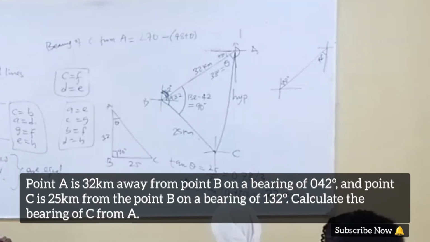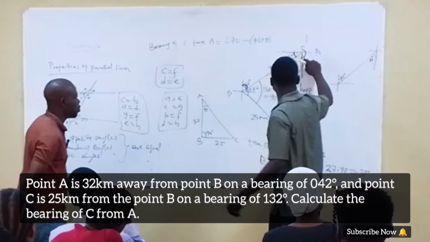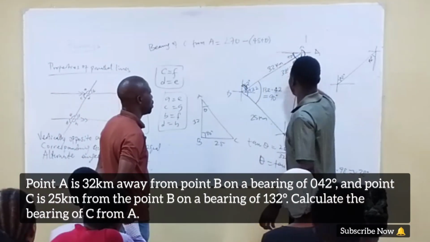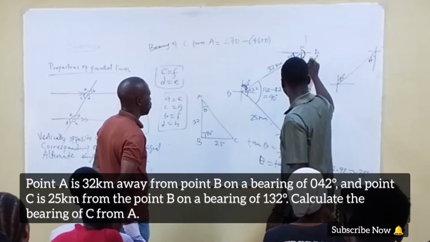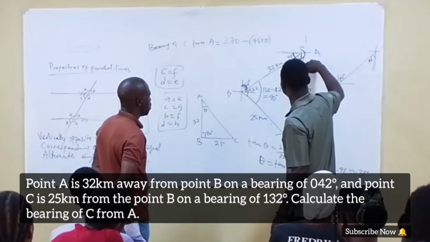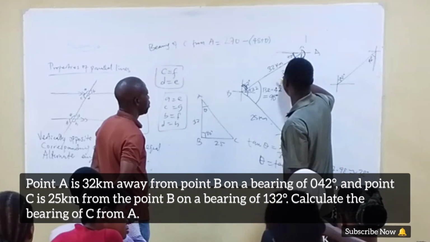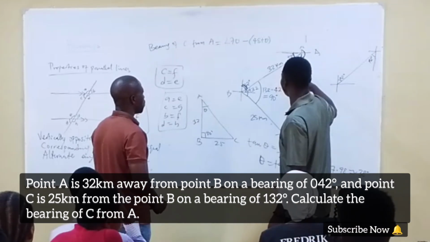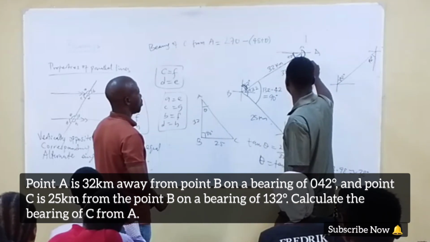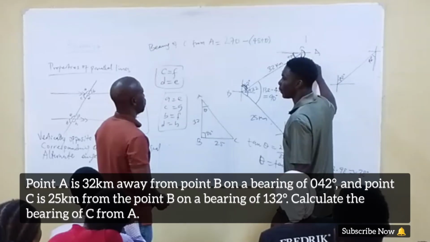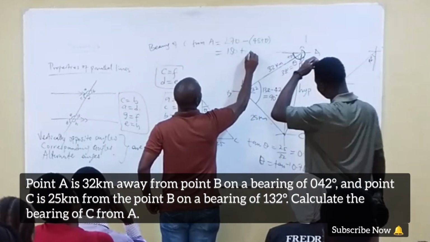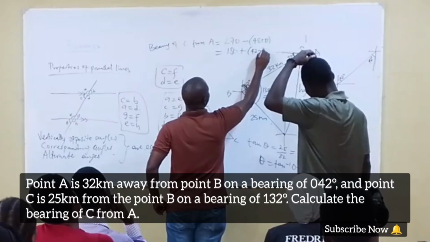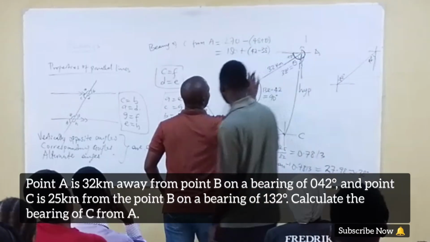Do you understand that? Here to here is 180. Since the alternate angle is this one coming like this and this line here, everything here is 42. I already have theta as 38, so 42 minus 38 will give us this angle here. Then we add it to 180. It's the same thing as 180 plus 42 minus 38, that is, 42 minus theta.